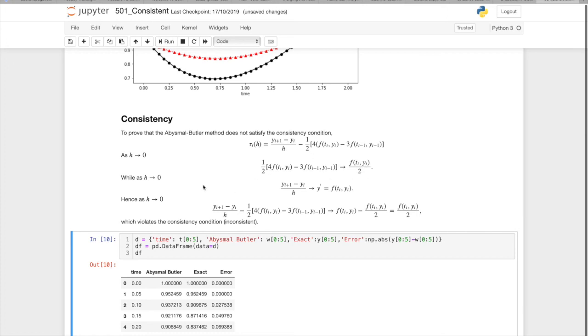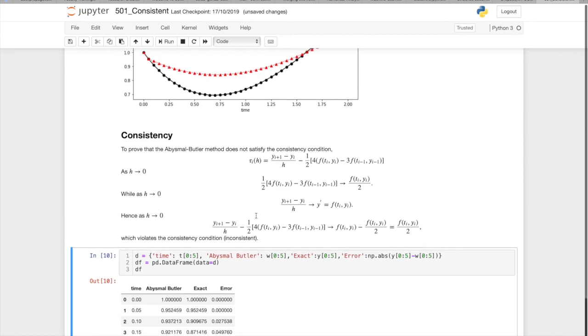So it's not there. As h tends to 0, (y_{i+1} minus y_i) divided by h tends to y', which is our definition of our initial value problem. So we have an inconsistency. Hence, as h tends to 0, we have f(t_i, y_i) minus f(t_{i-1}, y_{i-1}) divided by 2, which is the same as f(t_i, y_i) divided by 2, which violates the most important thing of consistency and is inconsistent. So we're not solving the initial equation, we're solving a different equation completely.